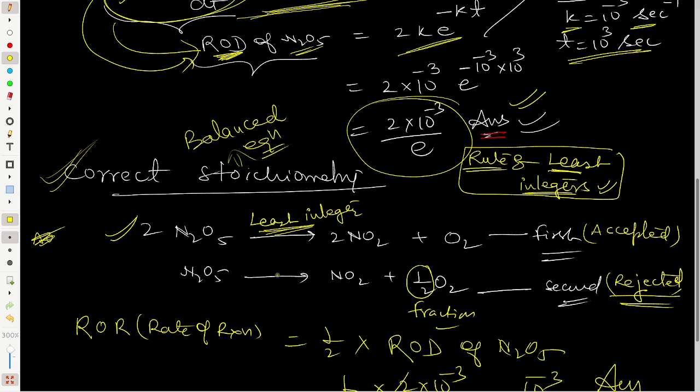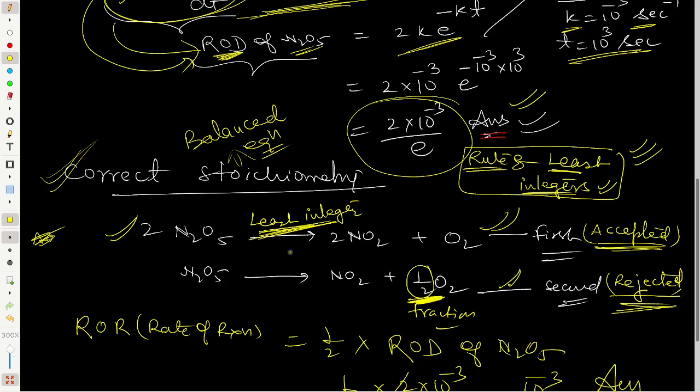For this purpose, you should remember a rule that when the balanced equation is not given by the question, then you have to select that balanced equation which has the least integers. This has least integers. Half is not an integer. So we accepted this balanced equation and we rejected this one.